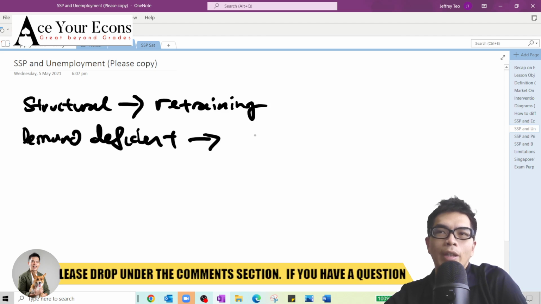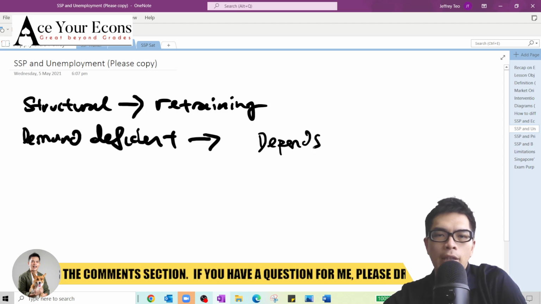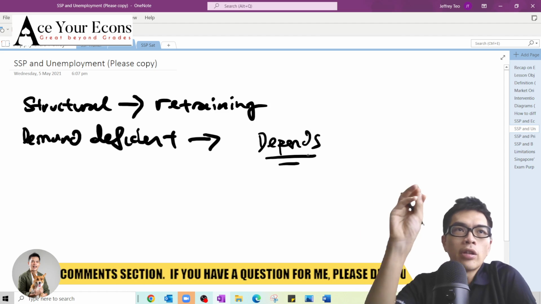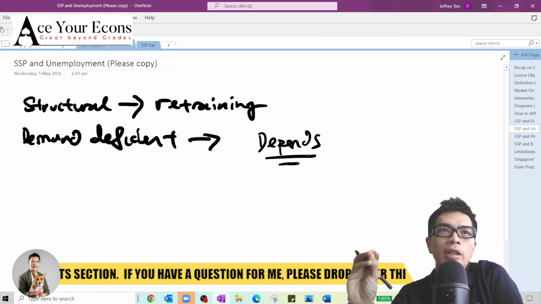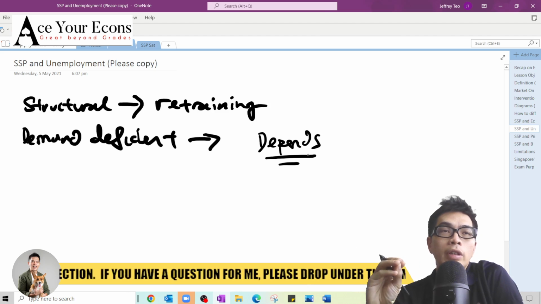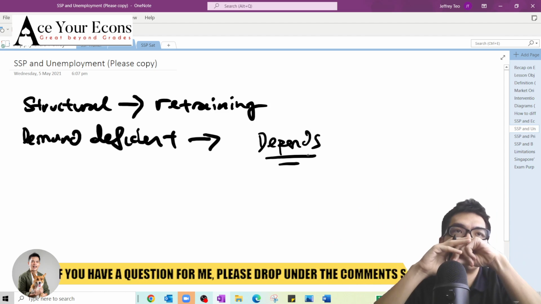When there's a lack of demand, this one is really tricky. You have to be careful. It depends. In textbook examples, demand deficient can only be corrected with demand side policies, right? You have to match the correct problem with the correct policy.